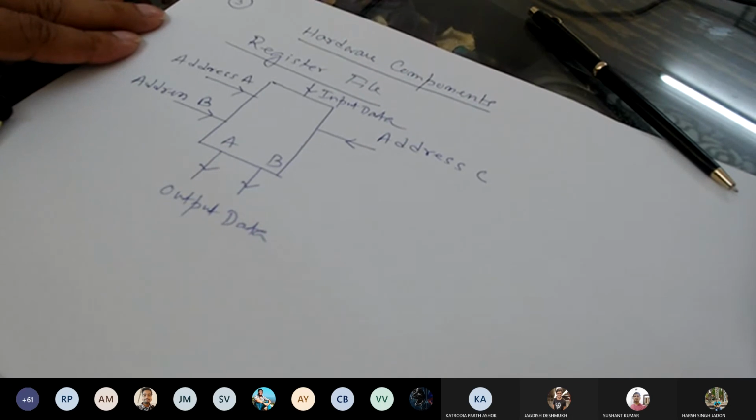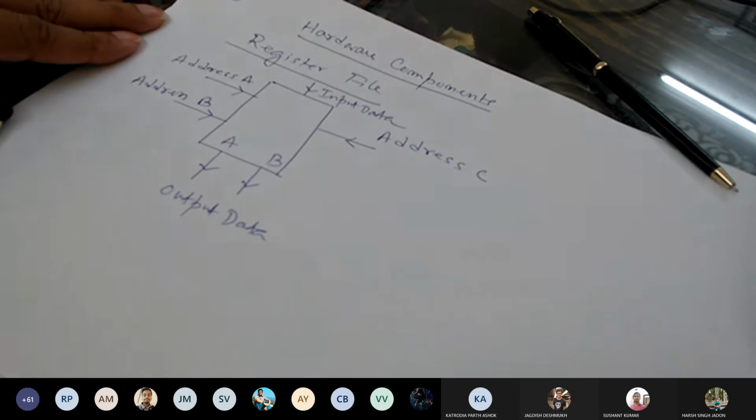One conceptual diagram can be like this.